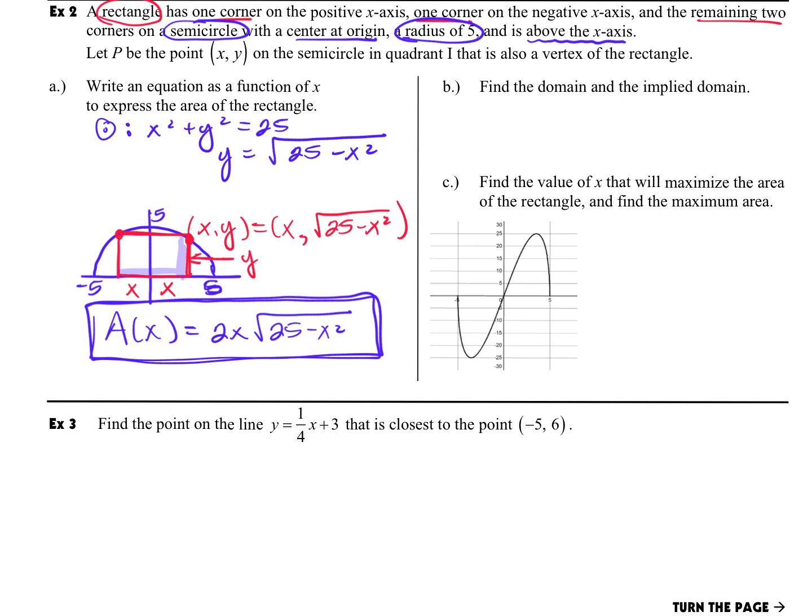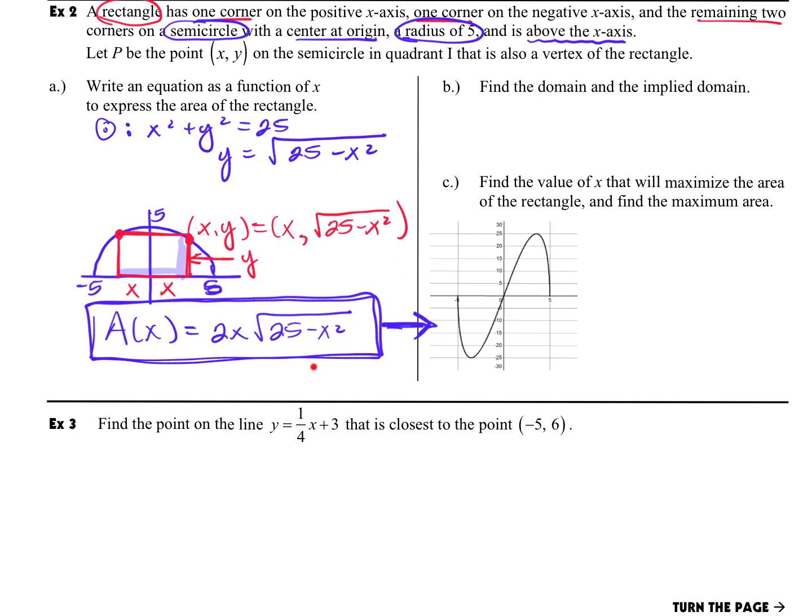Now, for this formula that we've just created, I've given you the graph right here. Before I get to this question, I wanted to have this little discussion up here for part B. Part B says find the domain and the implied domain for this function. Remember, domain is always just the domain of the function itself.